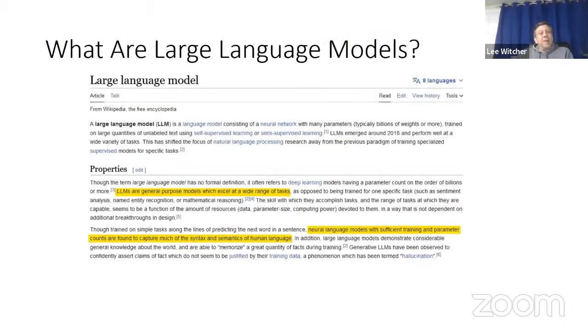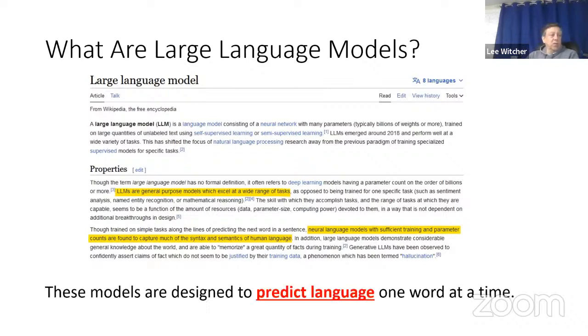So we're going to do a little bit of background information. First, we're going to talk a little bit about large language models, which is ChatGPT and a lot of the others. Large language models are designed to understand language so that they can respond as a human would. They're largely designed to just predict language one word at a time.